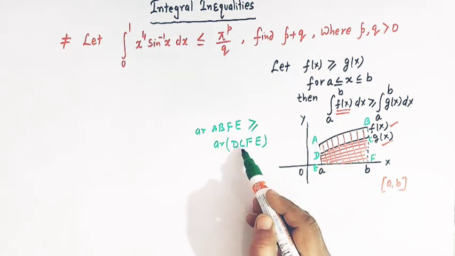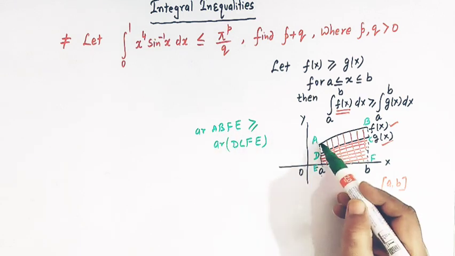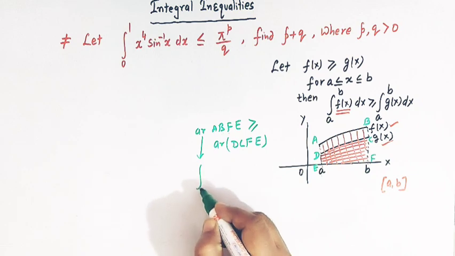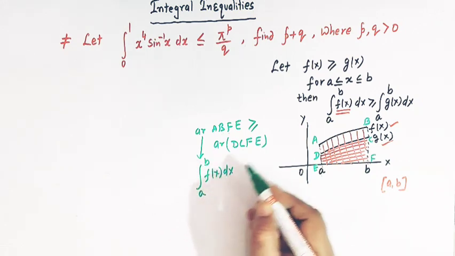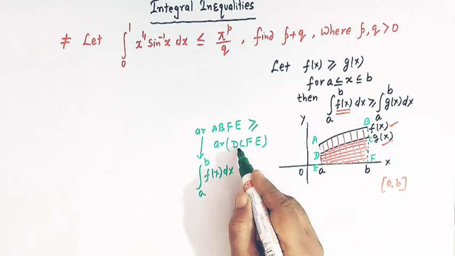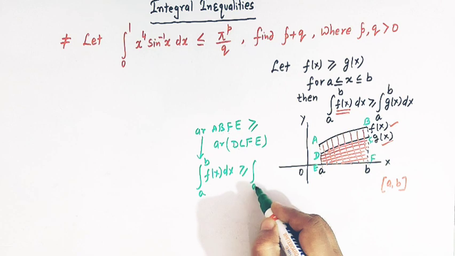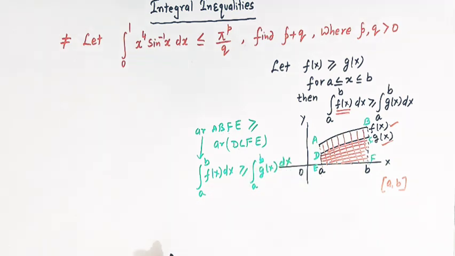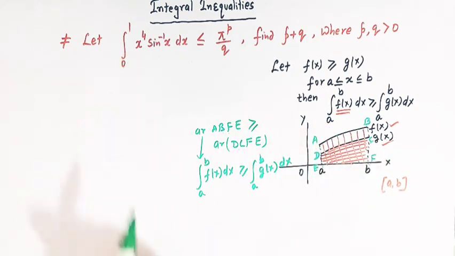And this area ABFE is given by this integral, that is a to b f of x dx, and this area DCFE is given by a to b g of x dx, right? So we'll use this property to solve this problem.